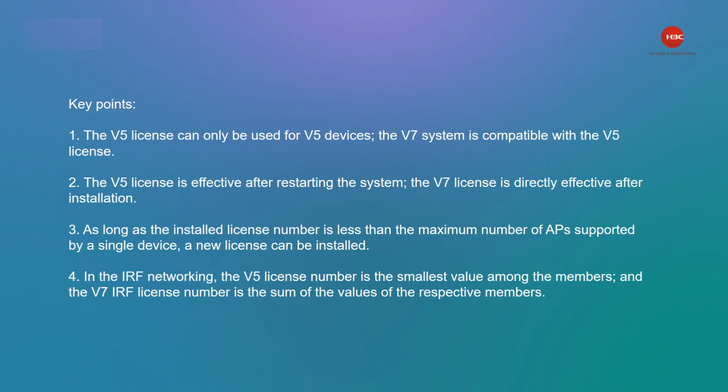Thirdly, as long as the installed license number is less than the maximum number of APs supported by a single device, a new license can be installed. Lastly, in the IRF networking, the V5 license number is the smallest among the members, and the V7 IRF license number is the sum of the values of the respective members.